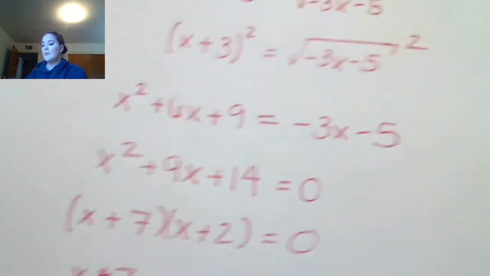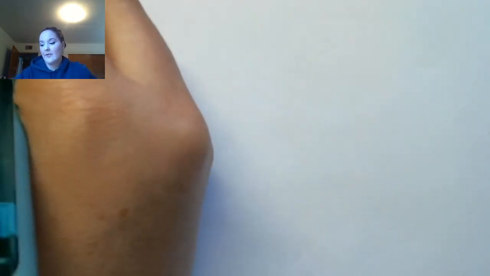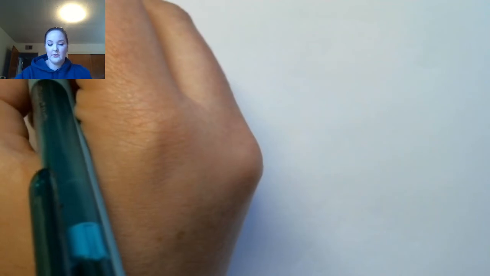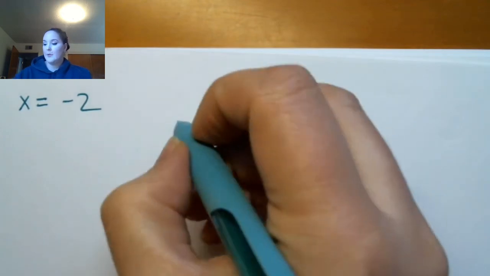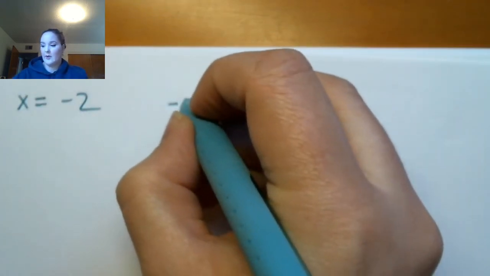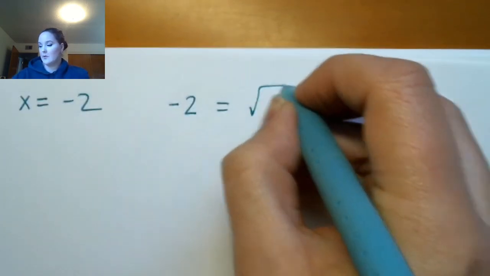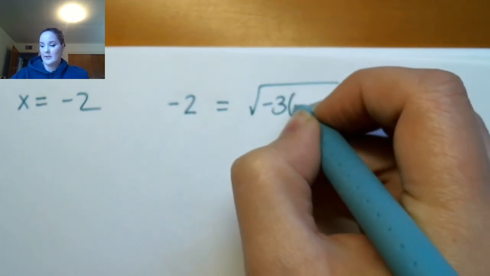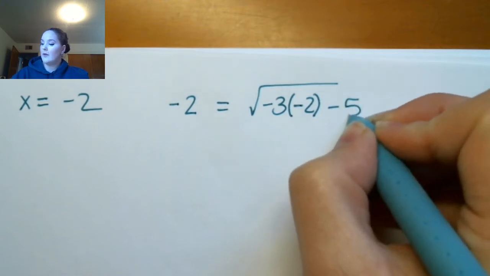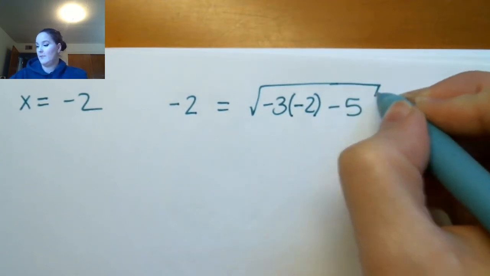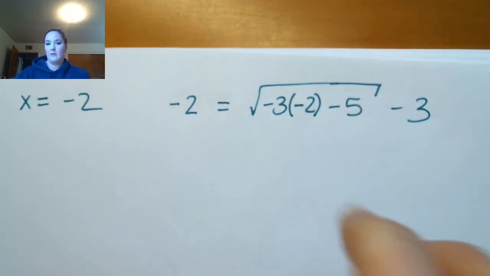Okay, now let me check my other solution, which was x equals -2. Again, I'm going to plug it into the original equation. So x equals the square root of -3 times x, which is -2, minus 5, minus 3.